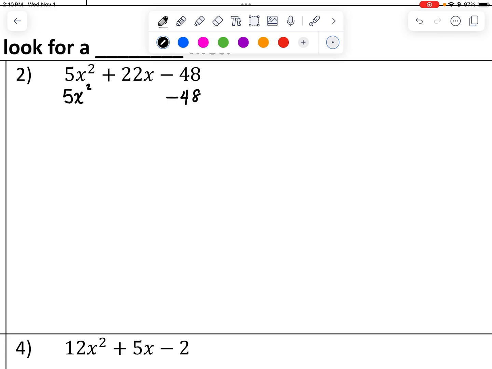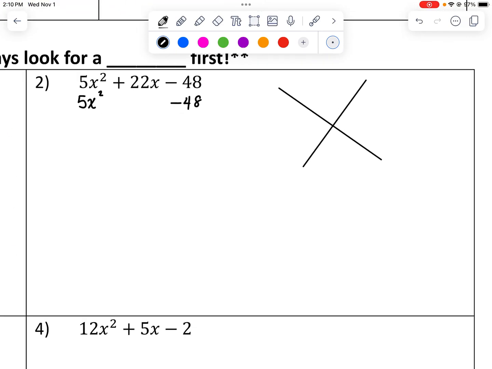And then over here, I am going to take 5 and multiply it by negative 48.